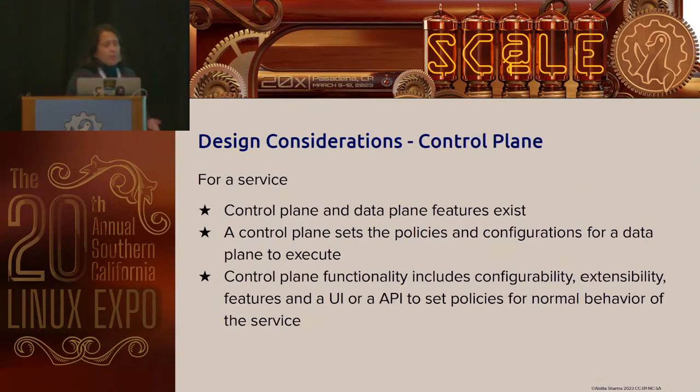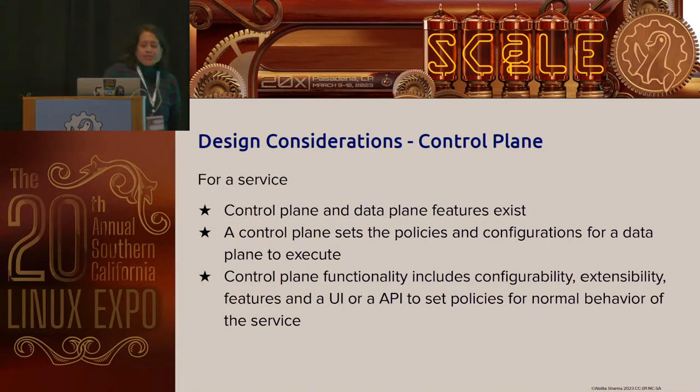So I'll talk in terms of the control plane and data plane. How many of you are familiar with the terminology? Some. Control plane and data plane is typically terminology that is used in the cloud-native space when you're building microservices. Many of the large cloud providers also use the same terminology.